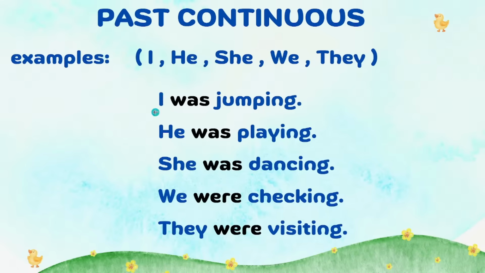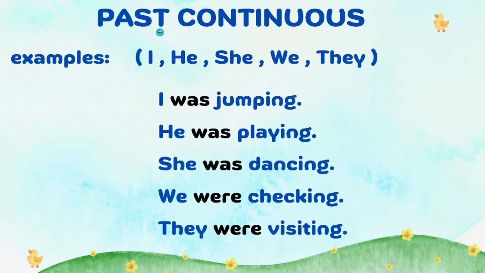When you are going to use the I, he, she pronouns, you will use was for past continuous. Like, I was jumping. It is already past.